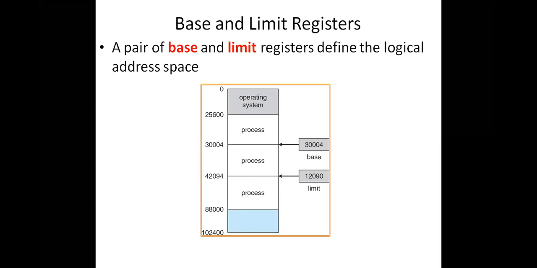I already told you the process starts at 2000 and the program ends at 3000. Then what is the base address? What is the limit value?